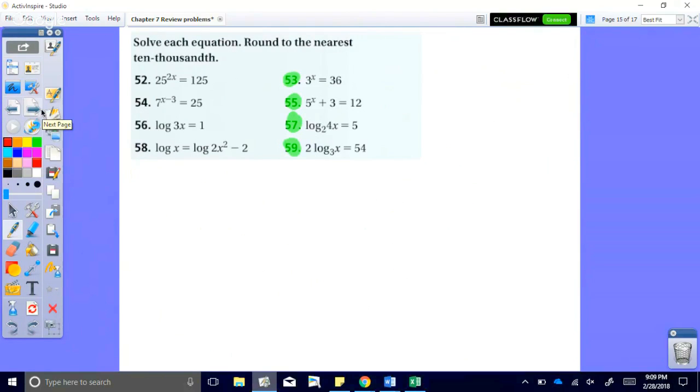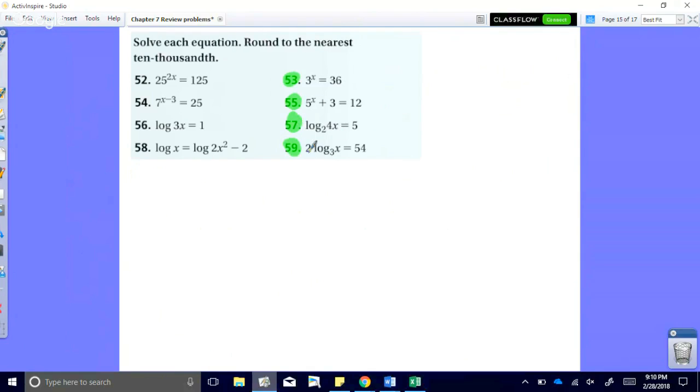So now we're to the last little bit, solving. Okay, so I'll do a couple of these. Just kind of a reminder, we use logs or natural logs to solve exponentials, and we use exponentials to solve logs. Okay, so first thing we're going to do, I'll do 55. We have 5 to the x plus 3 is equal to 12. First thing we're going to do is isolate, so I'm going to subtract 3 from both sides.